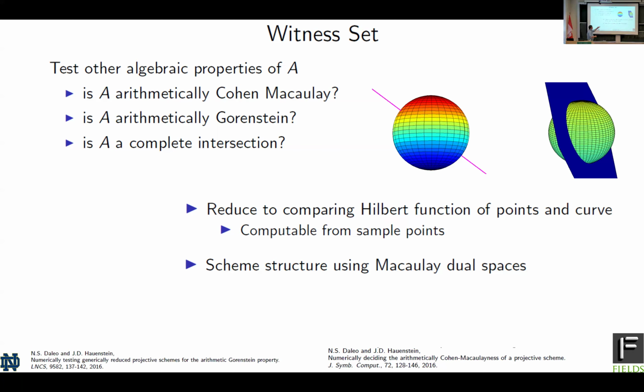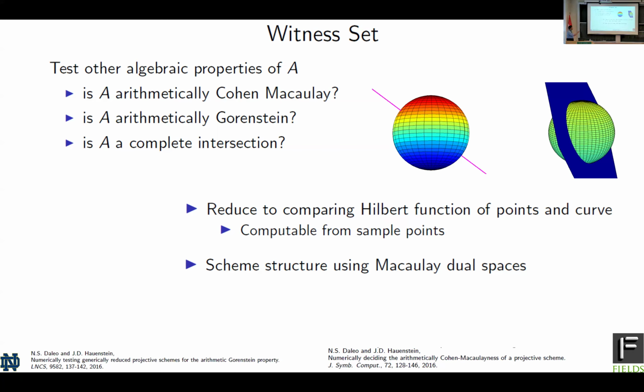And you can compare the Hilbert functions of the points with the curve up to the index of regularity of the points. So the points is a finite set. You can compute the index of regularity, and that gives you a way to test for arithmetically Cohen-Macaulayness, Gorenstein, and complete intersection. If you really want scheme structure, you can add Macaulay dual spaces onto this to be able to test for all of these things.